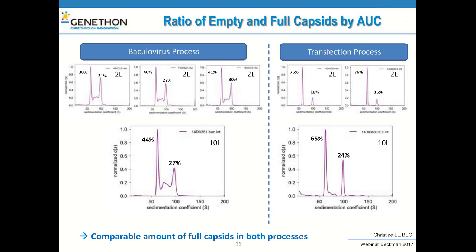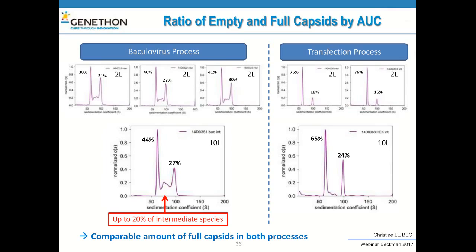We have almost the same results at 2 liters and 10 liters, with the same amount of full capsids in both processes. However, we have up to 20% of intermediate species for the Baculovirus process compared to the transfection process.